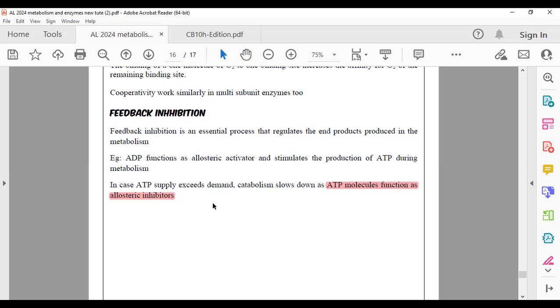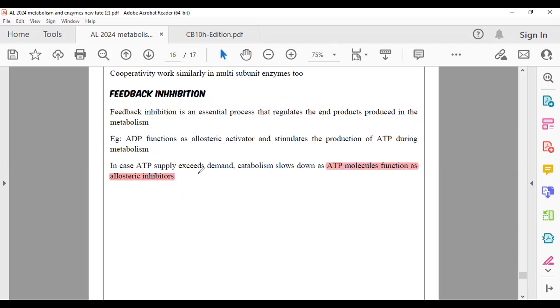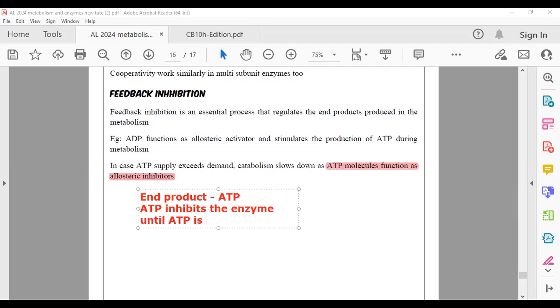So in this case, who is the end product? In this example, who is the end product? The end product is ATP. ATP inhibits the enzyme until ATP is used up.